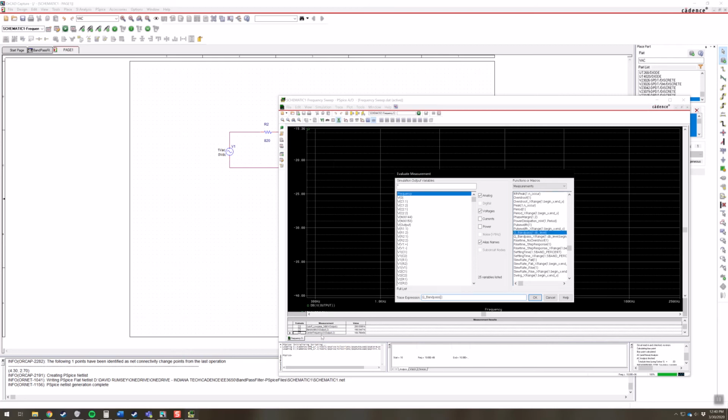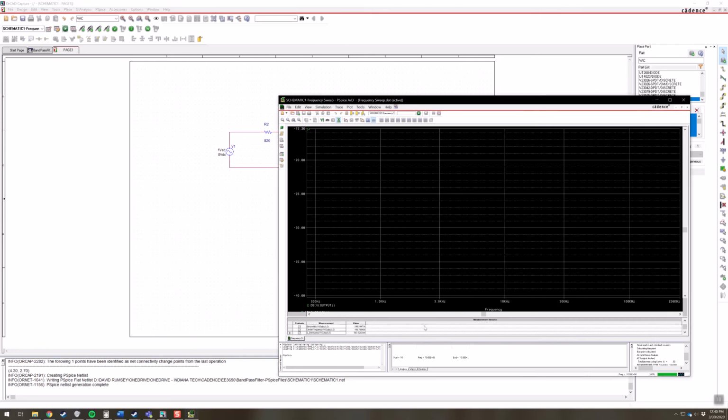If we do the Q, we can get the Q factor as well, based off the center frequency that it's computing. Now, that center frequency there, that 3, might not be correct as far as the dB levels go.